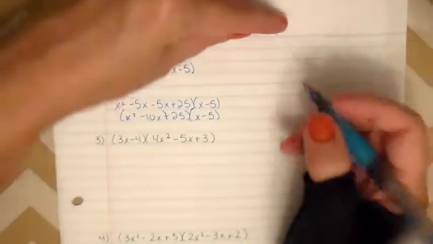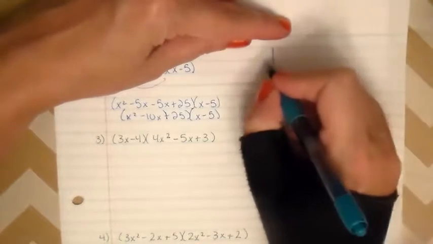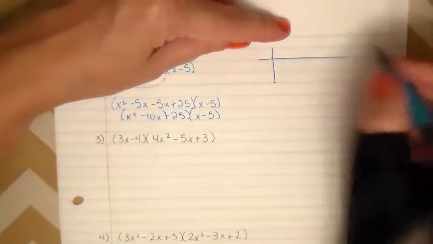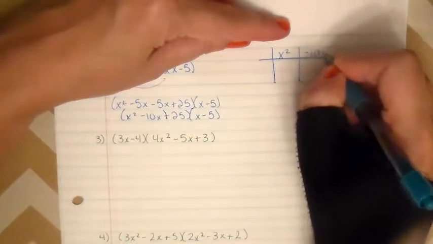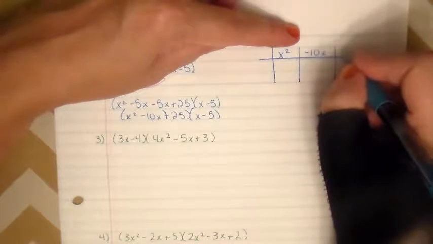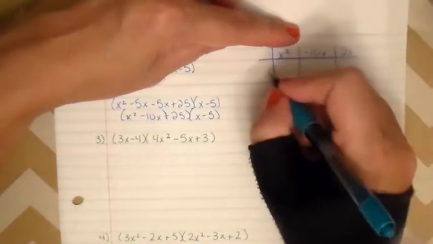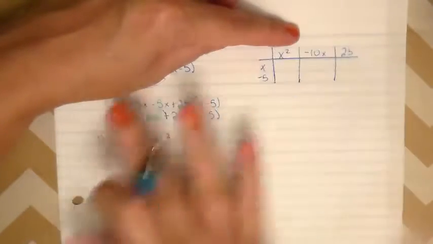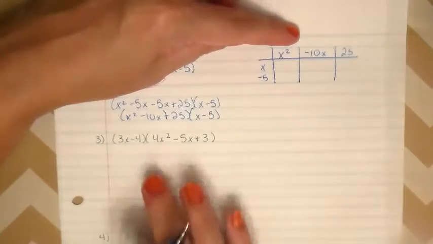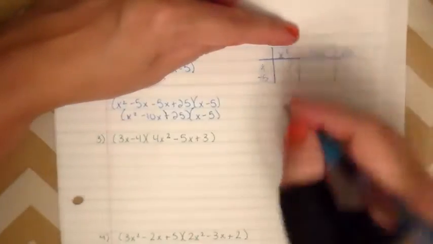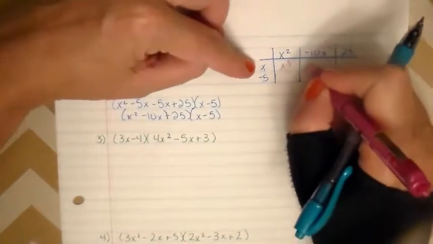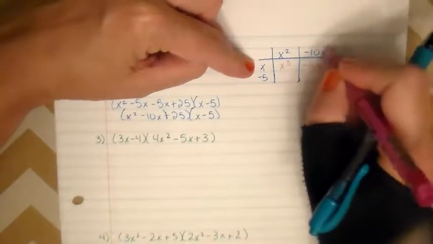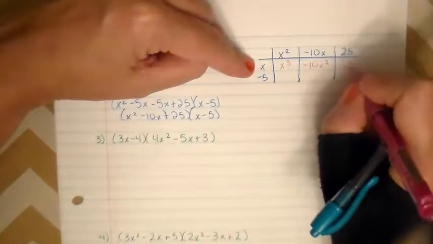Now I'm going to multiply this with the table, and here's why. When I have a table, and I have more than 2 by 2, it can get really complicated with FOIL, but with a table it's very nice and organized, and I'll show you the difference down here. x times x² gives me x³. I get negative 10x² multiplying these, and then 25x.